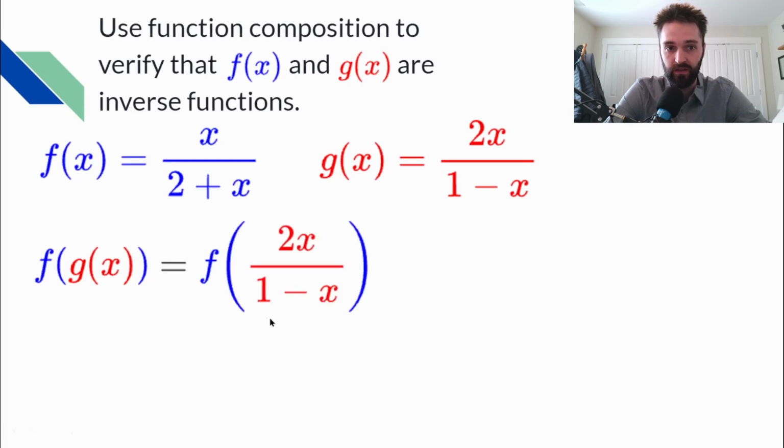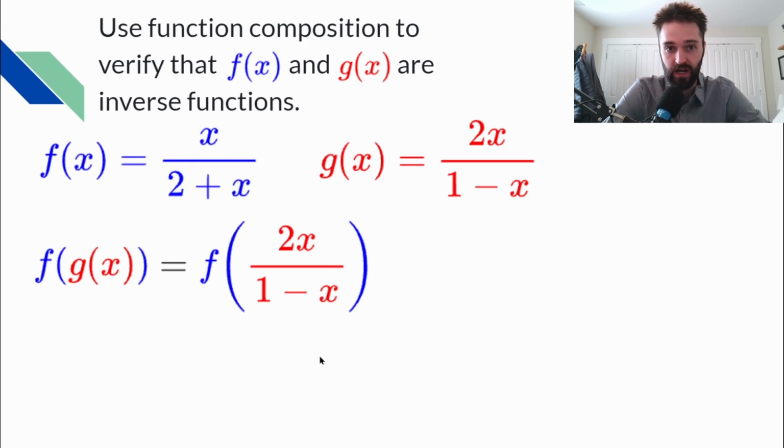So if we plug the red function g into f, we're going to take 2x over 1 minus x and plug it into f. And when we do that, we ask ourselves, what does the function f say to do? It says to take what you're given and put it in the numerator of this fraction, and then divide that by 2 plus what you're given.